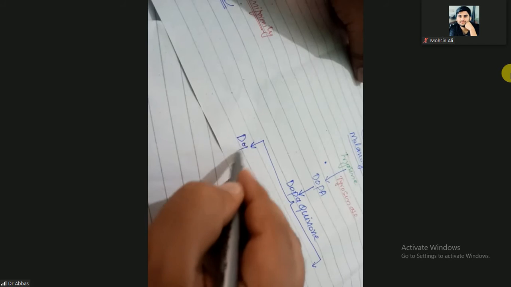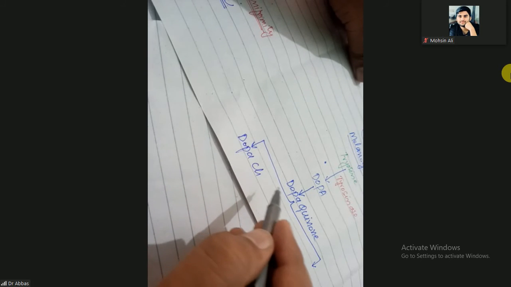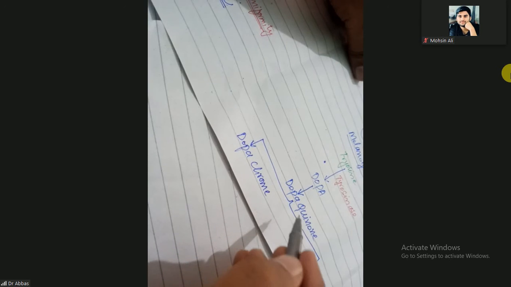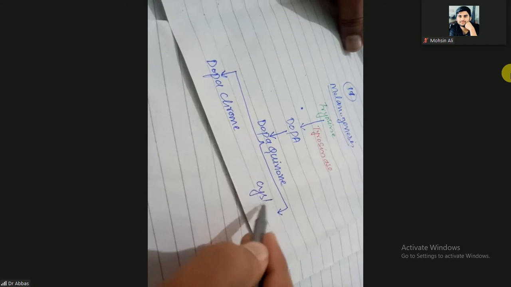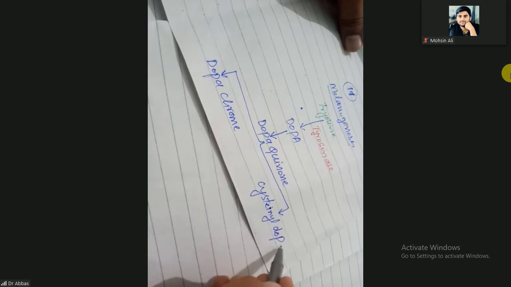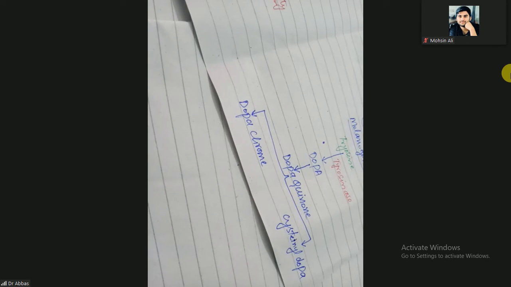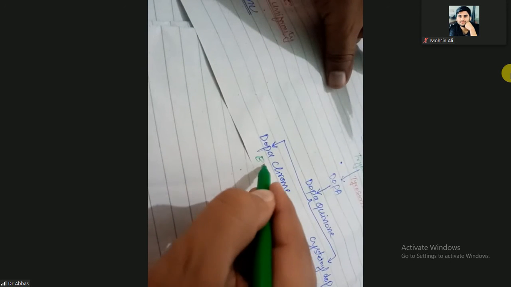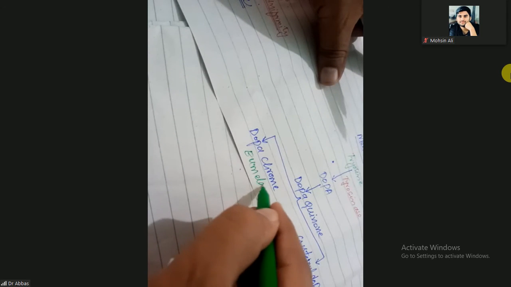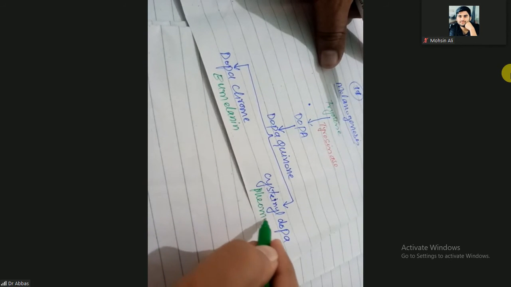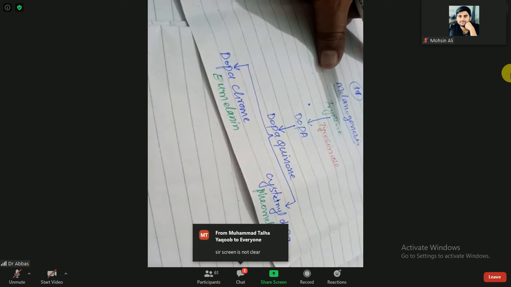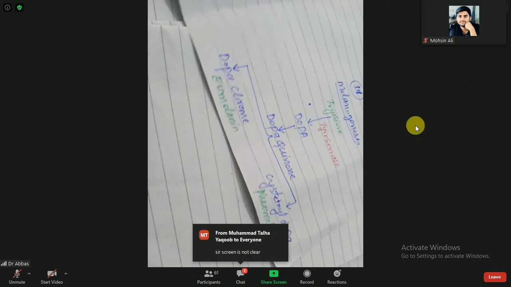If dopaquinone changes into dopachrome, that is eumelanin, and if dopaquinone changes into cysteinyl dopa, that is pheomelanin. This is the synthesis.